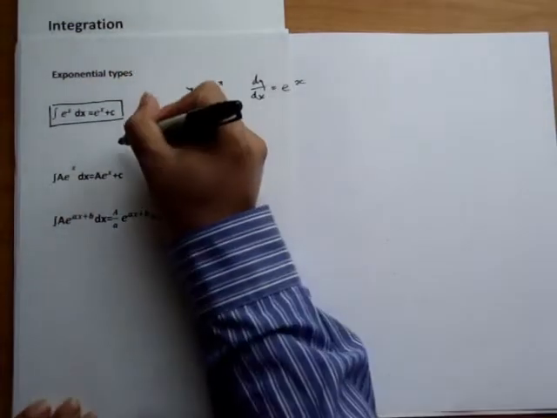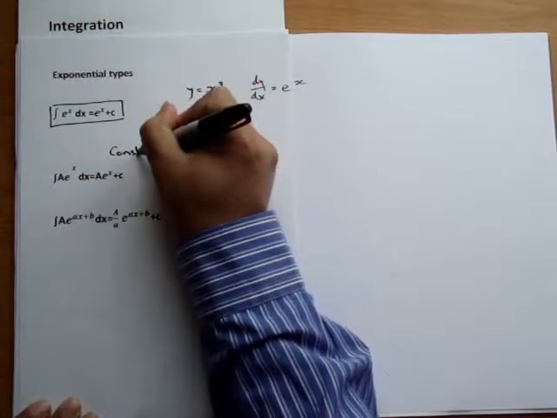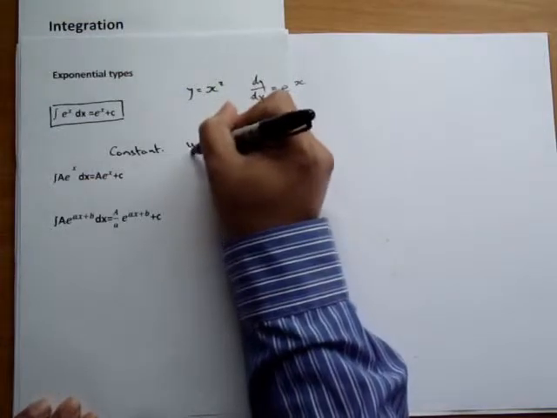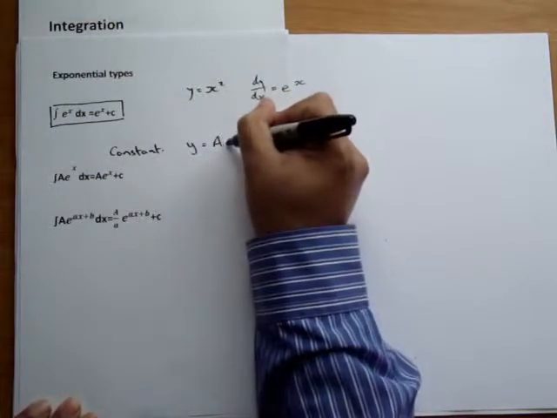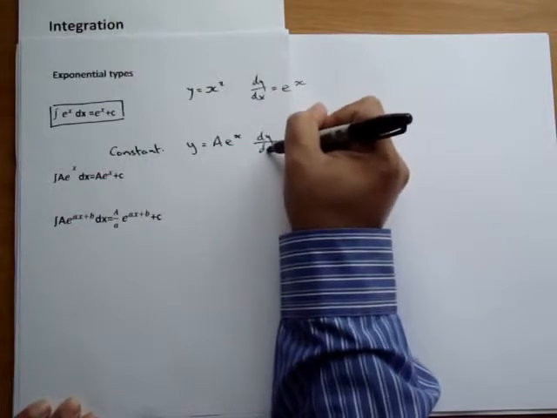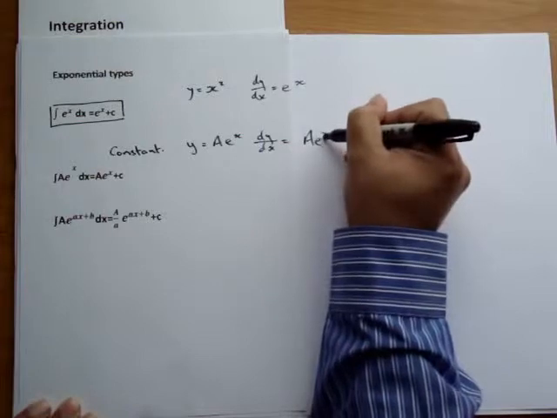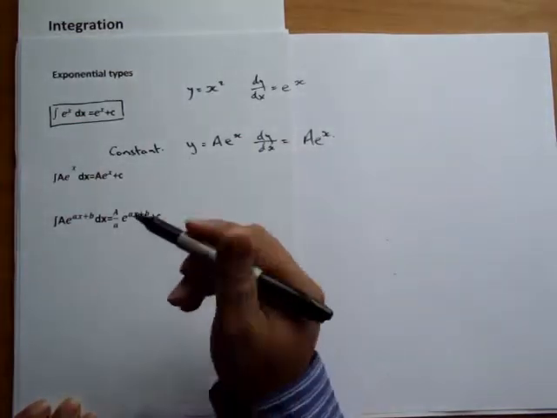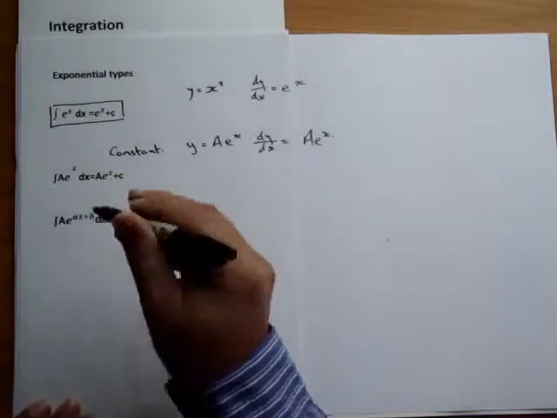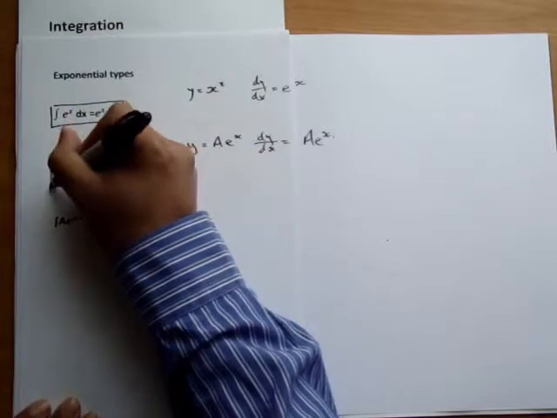If we have a constant before the e to the x, say y equals a e to the x, when we differentiate we get dy by dx equals a e to the x. And when we integrate we get a e to the x plus c. So these are the rules for the integration.